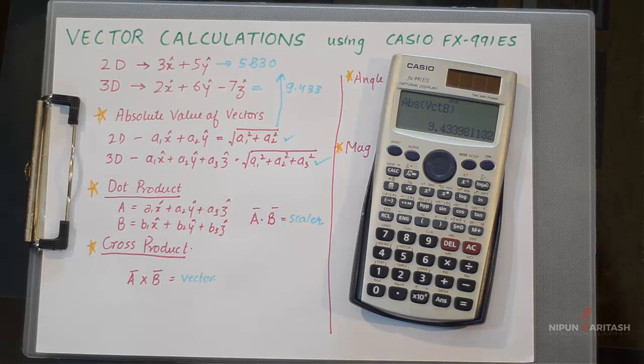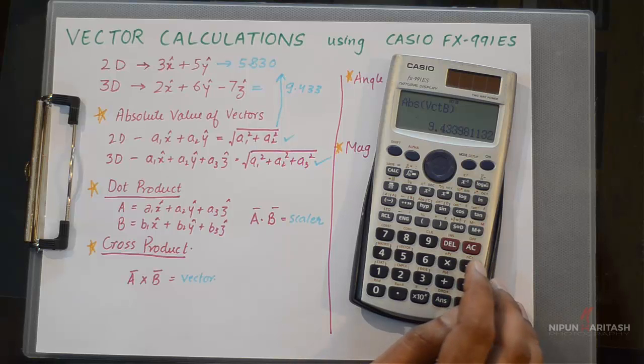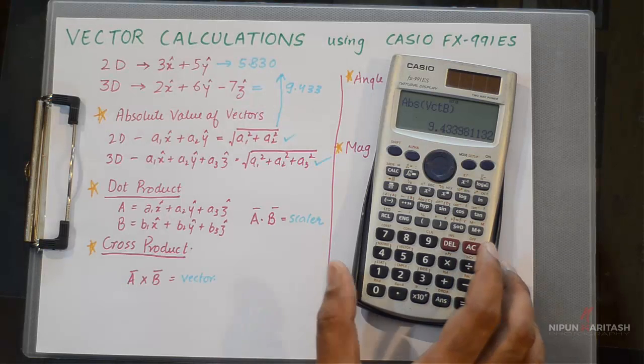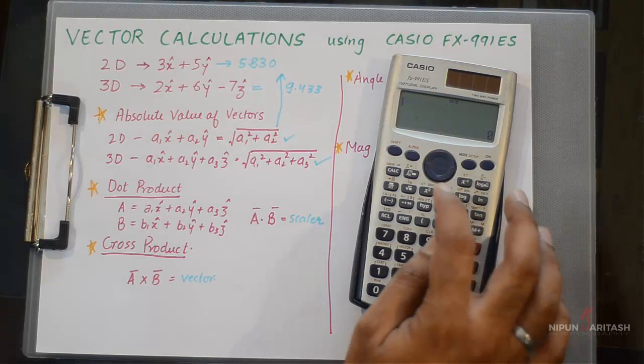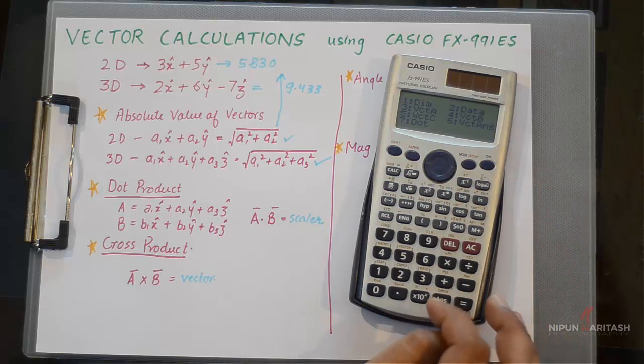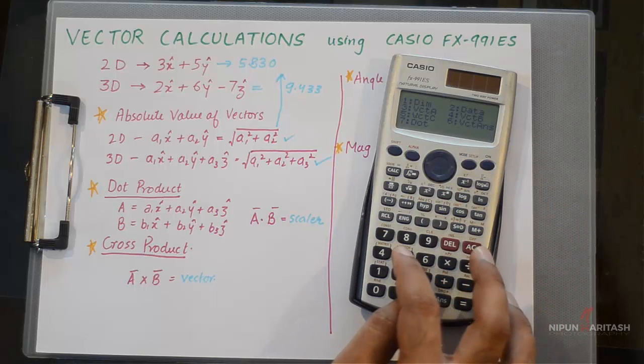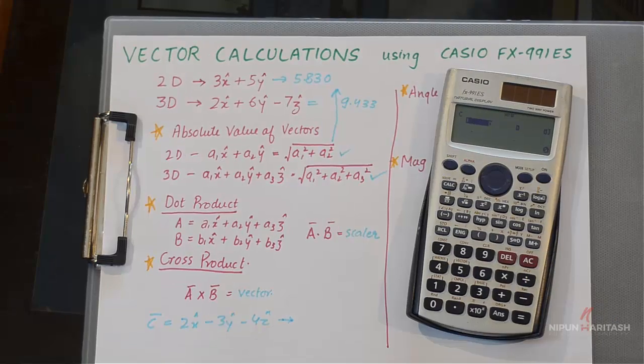Another important function that you can perform on vectors is dot product, and then we'll finally see how to find the cross product. Now I already have vector A and B defined, so let me just enter a new value into vector C. So I'll select option 5.